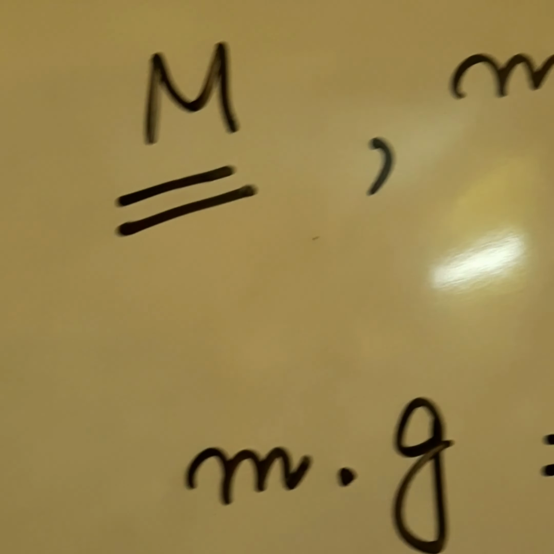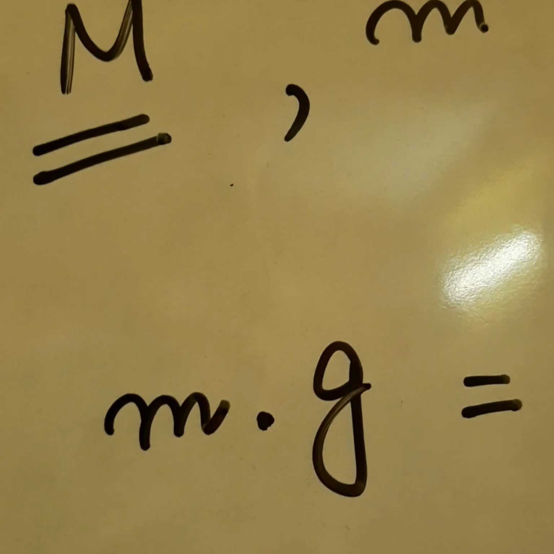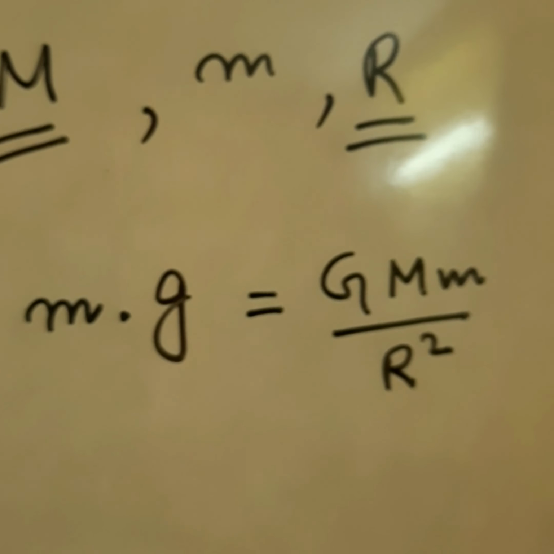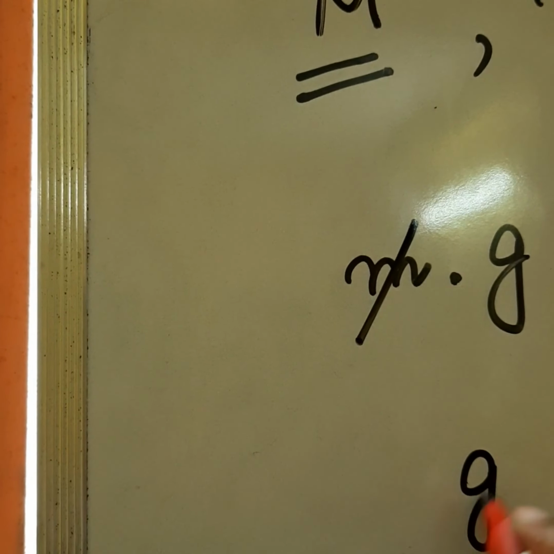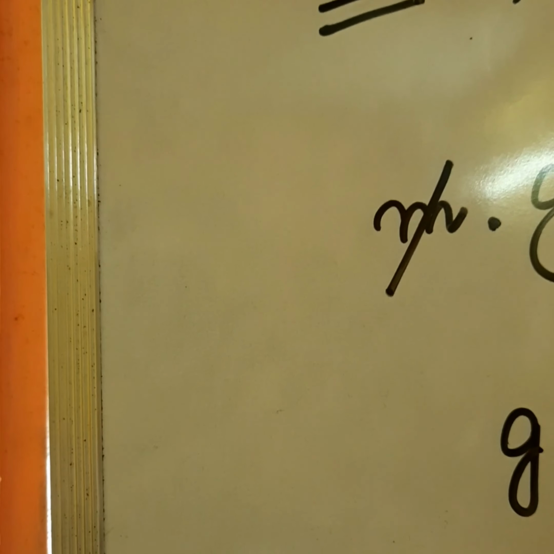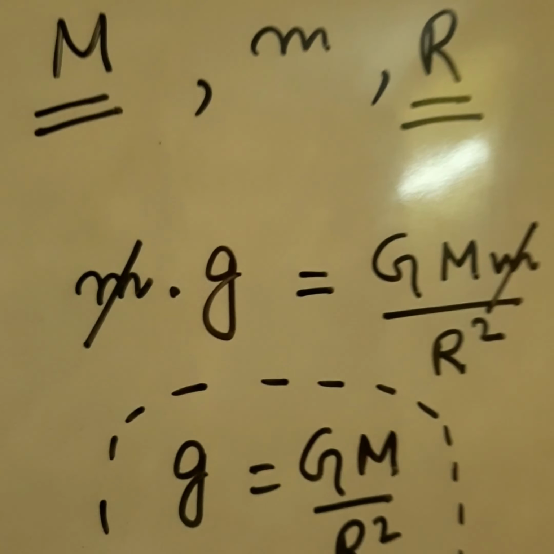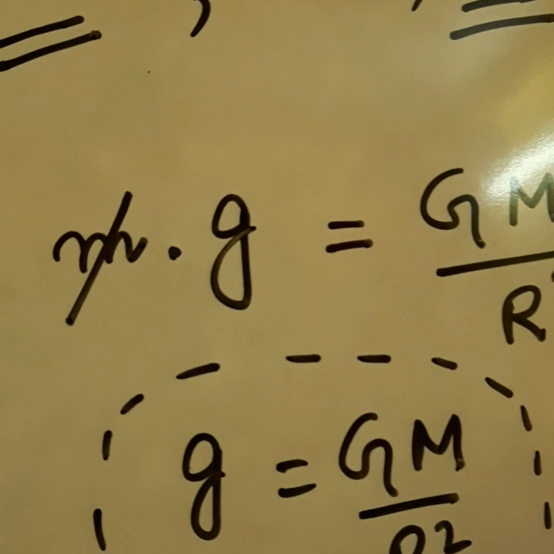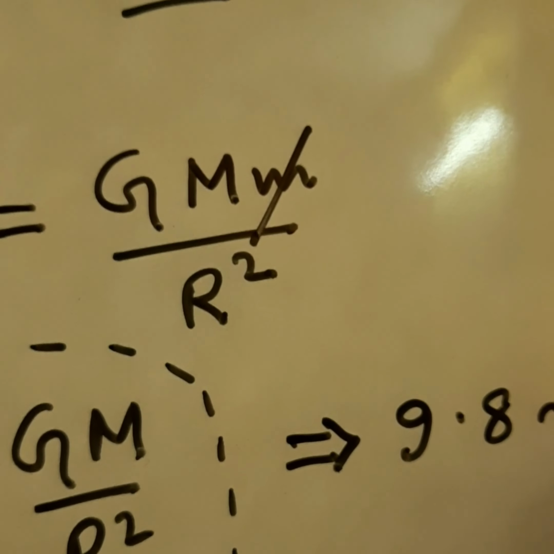So mg equals G M m by r square. That small m cancels. So you have g equals G M by r square. That is the relation between acceleration due to gravity and the gravitational constant. So at Earth's surface, you know that g equals 9.8 meter per second square. Fine.